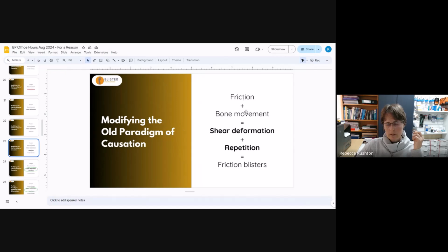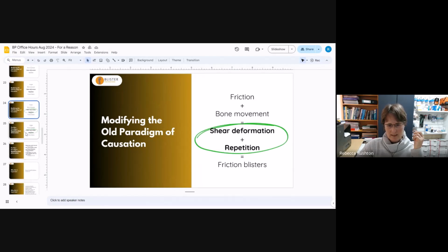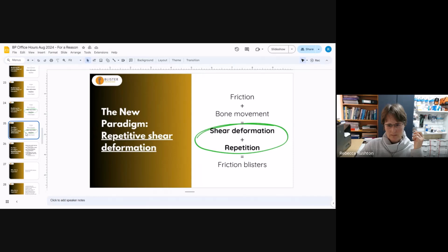So friction and bone movement create the shear deformation, and when that's repetitive, that causes friction blisters. And that is basically our new paradigm of blister causation. It's shear deformation. Repetitive shear deformation creates friction blisters, and the fundamental elements of that are bone movement and high friction force.